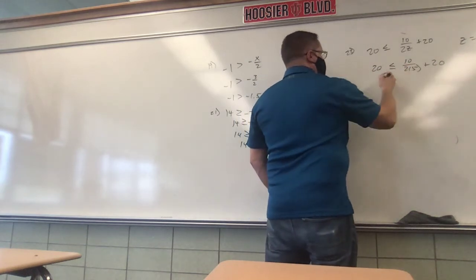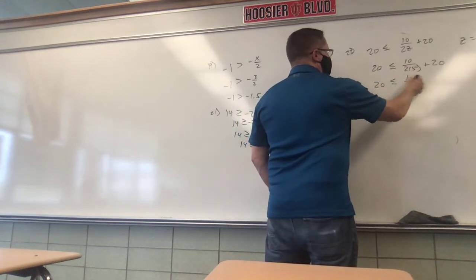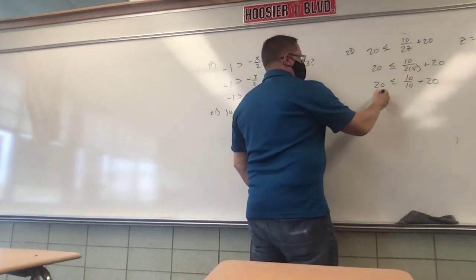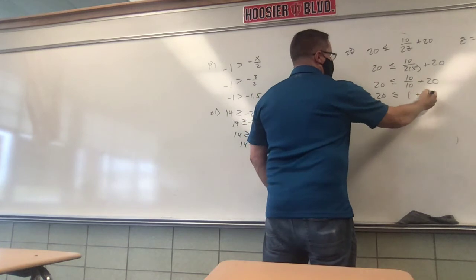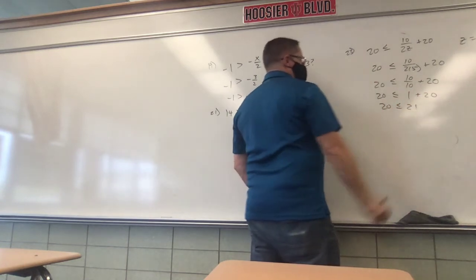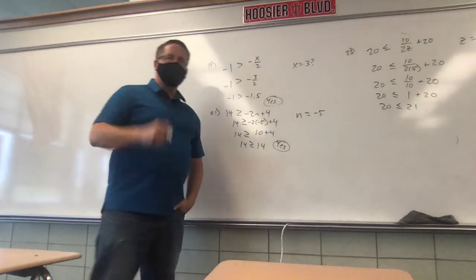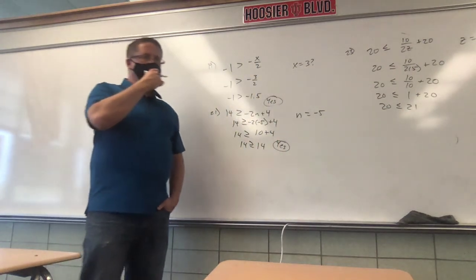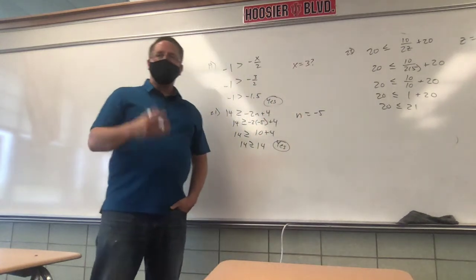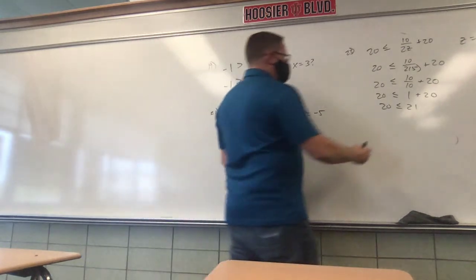We do 2 times 5 first. We have 10 over 10 plus 20. 10 over 10 is 1, plus 20. 1 plus 20 is 21. Is that true? Yes, it is. 20 is less than or equal to 21. And again, if you're going, but they're not equal, it doesn't have to be equal. It can be less than or equal to, and it is less than. So the answer is yes.